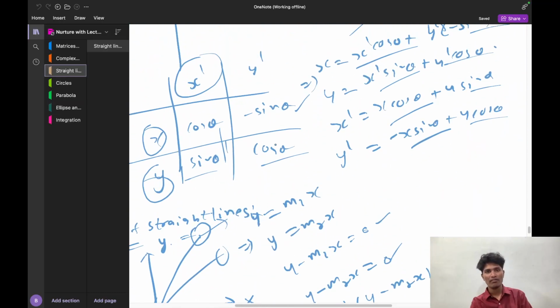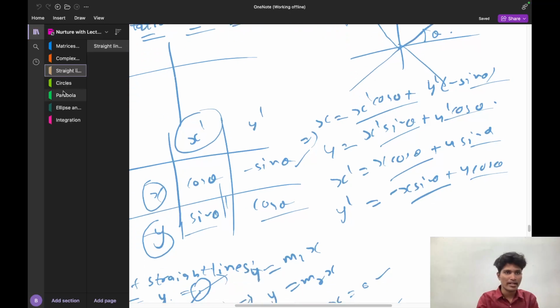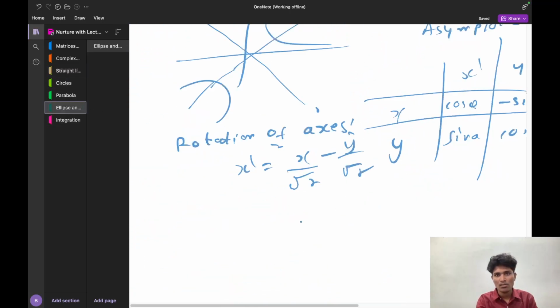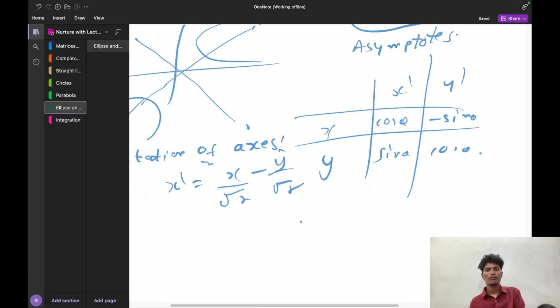I will verify it. It is cos theta minus sin theta. Yes, I have written the same, cos theta minus sin theta. Yes, same, there is no difference. Here we are writing x dash.